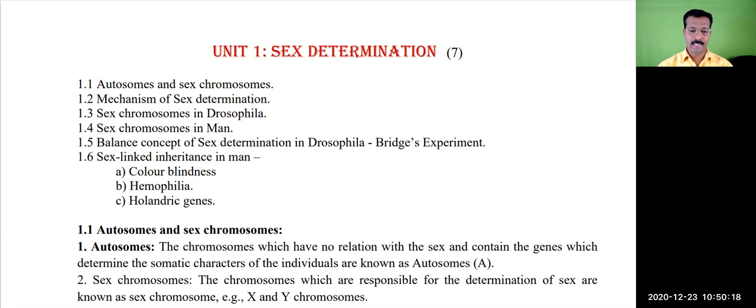Paper number 10, genetics, and in that we are going to see the 5 units. First one is sex determination.